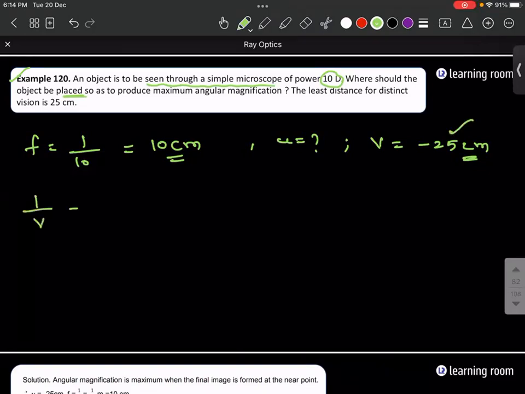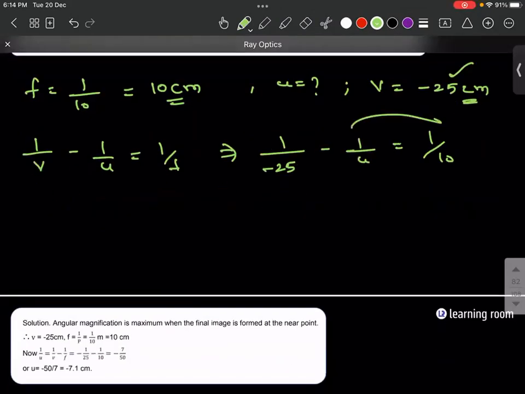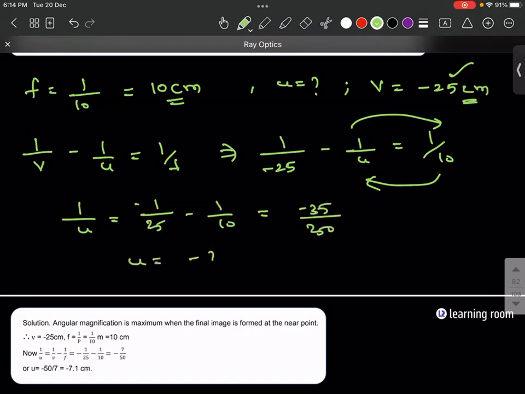Applying the formula 1 by v minus 1 by u is equal to 1 by f, we get 1 by minus 25 minus 1 by u is equal to 1 divided by 10. So what will be the value of u? 1 by u will be equal to minus 1 by 25 minus 1 by 10, which is minus 35 divided by 250. So u is equal to minus 250 divided by 35, which is minus 50 divided by 7. Minus 7 point something will come. So the object should be placed there.